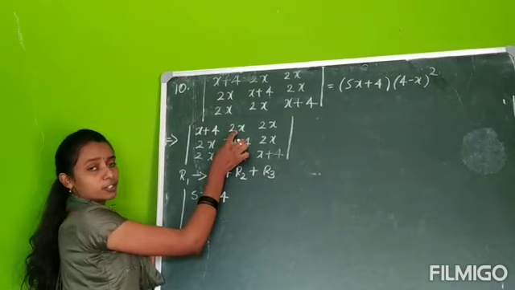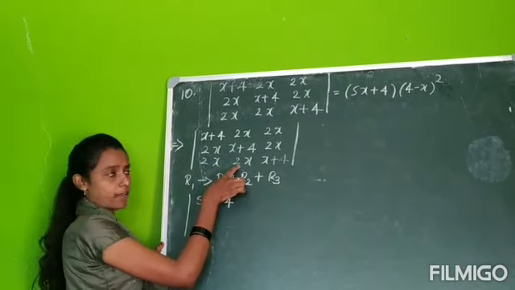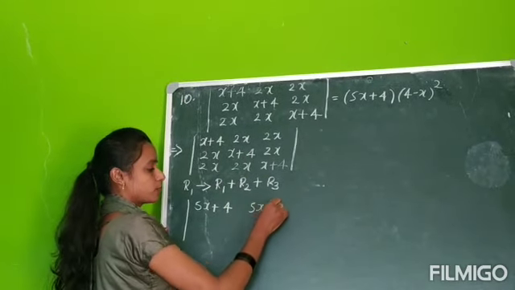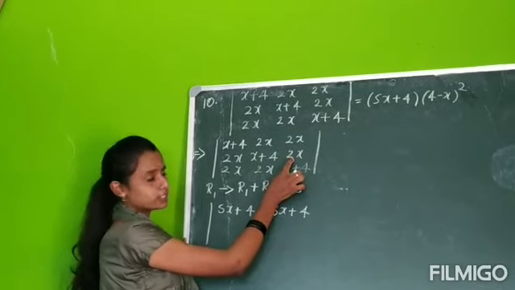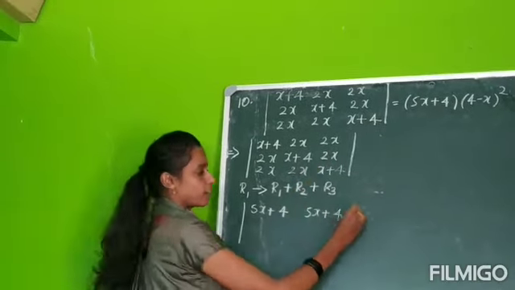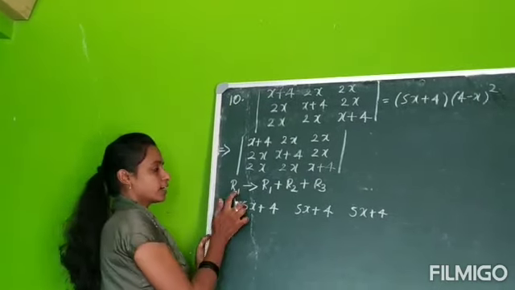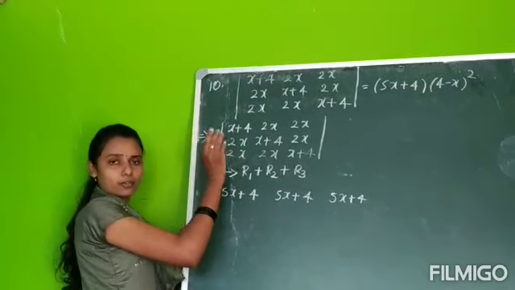Next, 2x plus x plus 4 plus 2x is 5x plus 4. Here also you will get the same thing: 2x plus 2x is 4x, 4x plus x is 5x, so 5x plus 4. Here we wrote the operation only for R1. Write the second and the third row as it is.